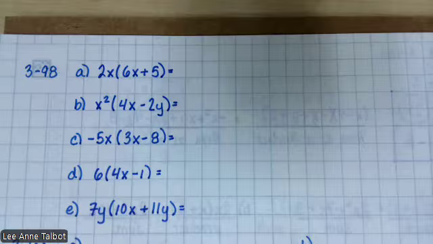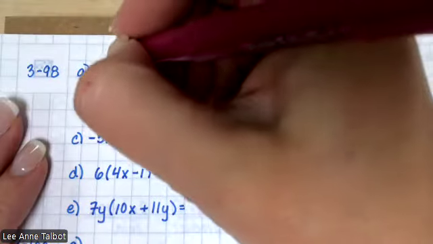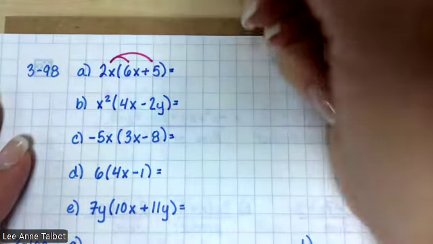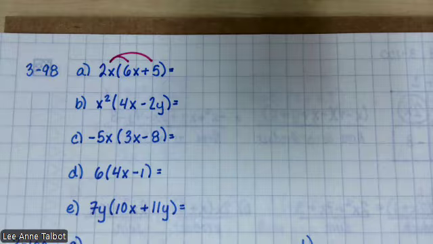But if you're lazy and you just can't possibly make yourself do it, like me, then we distribute. And I am going to draw that on my distributing pretty much every time.